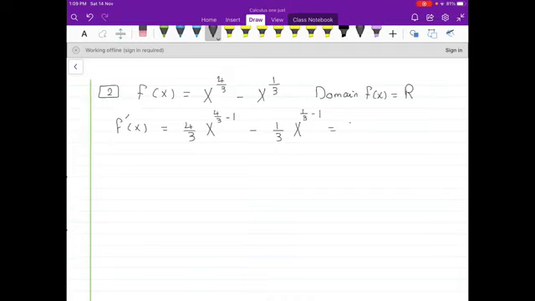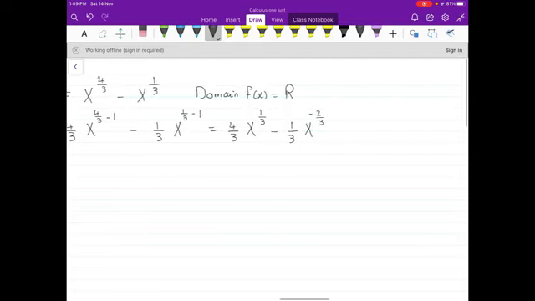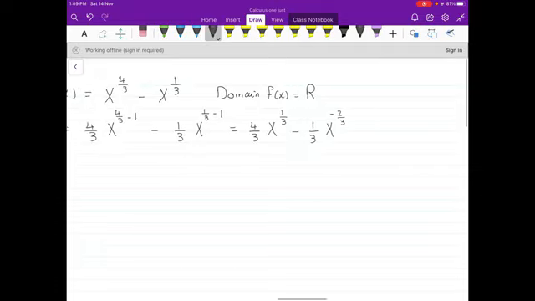So this equivalent to 4 over 3 x to the power 4 over 3 minus 1, 1 over 3, minus 1 over 3 x to the power 1 over 3 minus 1, minus 2 over 3. So this is equal 4 over 3 x to the power 1 over 3 minus 1 over 3 x to the power 2 over 3.